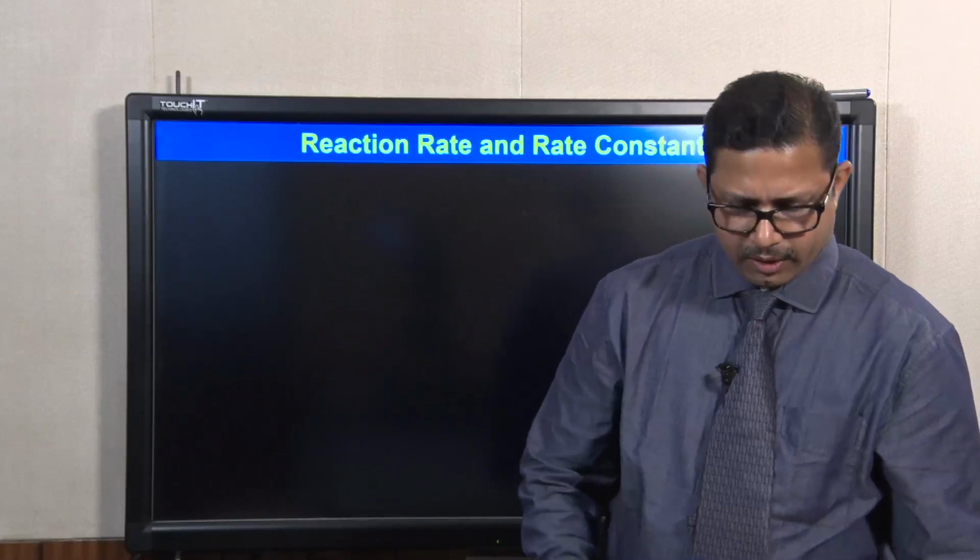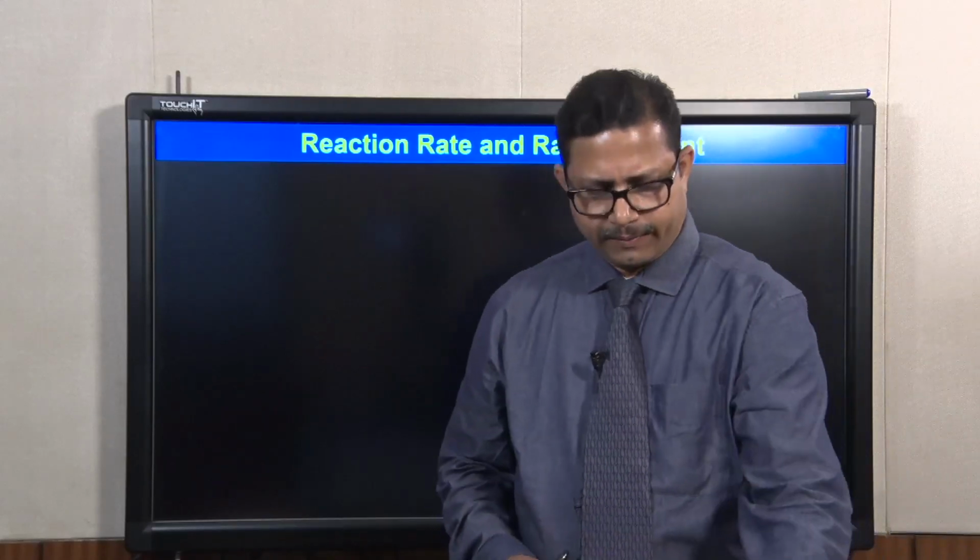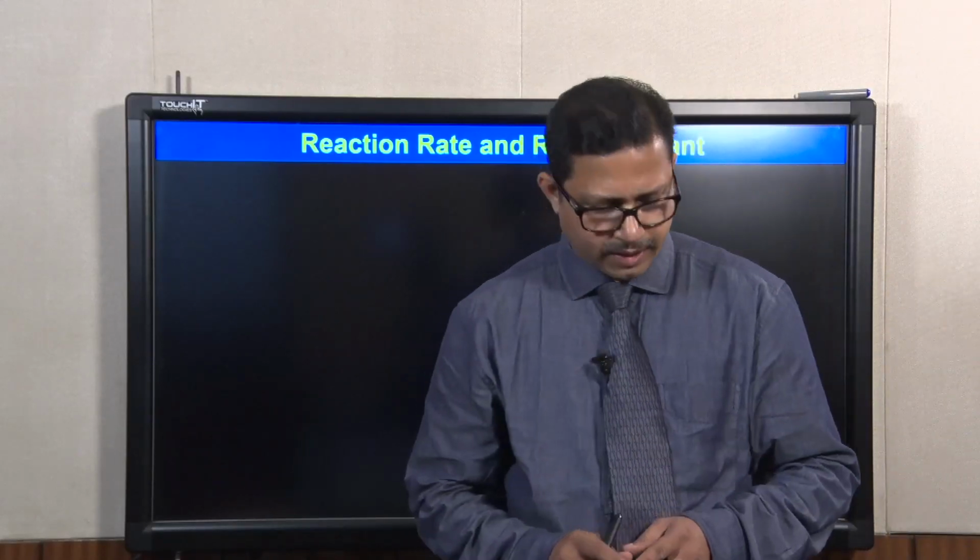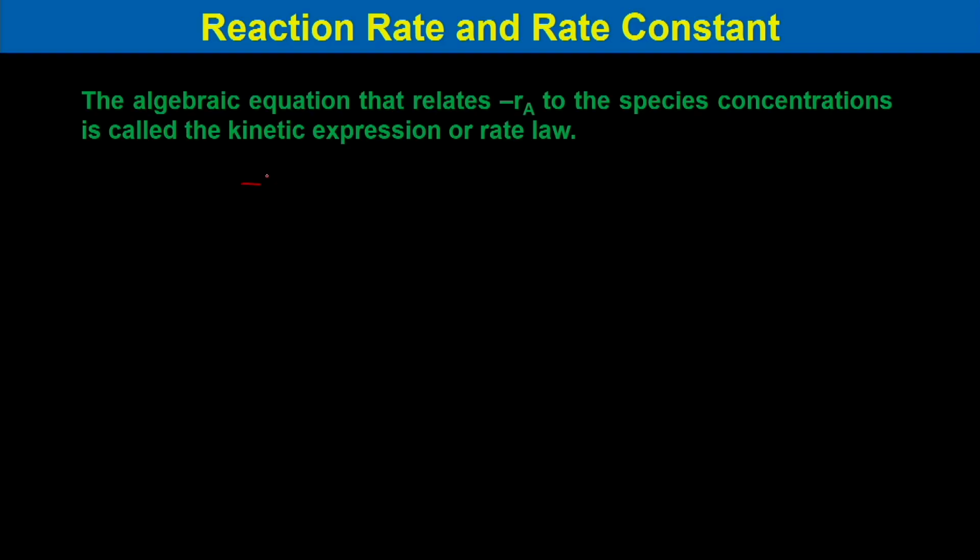Now, if we see the reaction rate, we can write minus rA is equal to k times a function of concentrations CA, CB and so on.